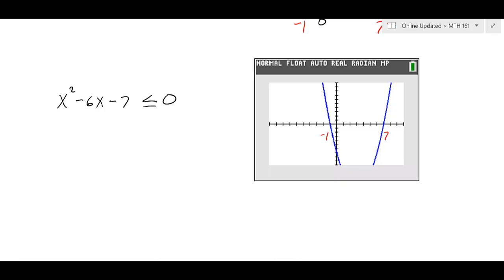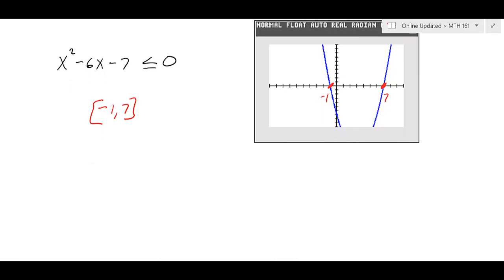A lot of times you probably would think, if we're including that, that means we're going all the way to those endpoints. So to identify the solution, we would go negative 1 to 7, but instead of using parentheses, we would put a bracket around the negative 1 and 7, because the bracket indicates that we're going to include the endpoints as part of the solution.